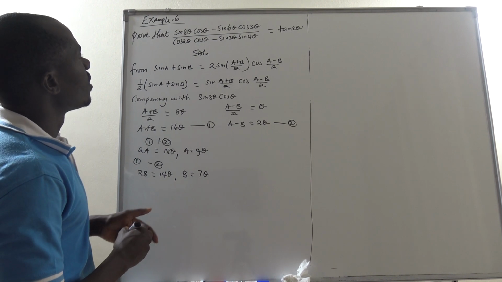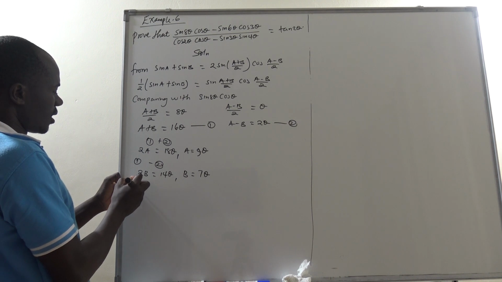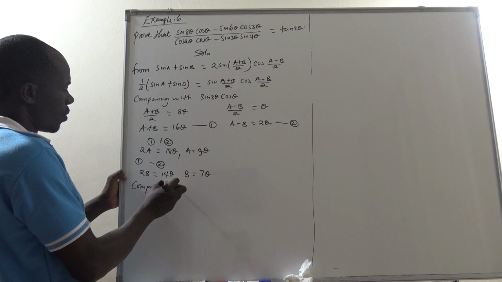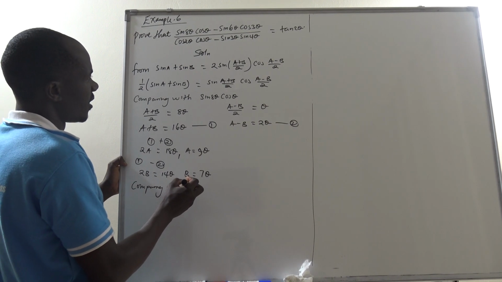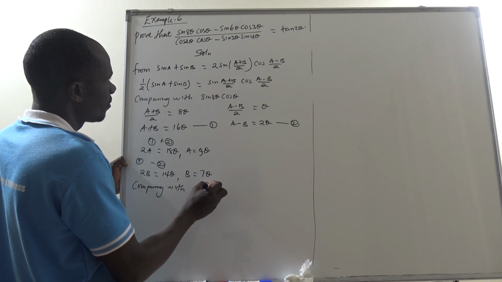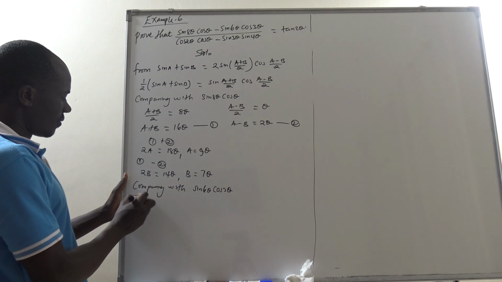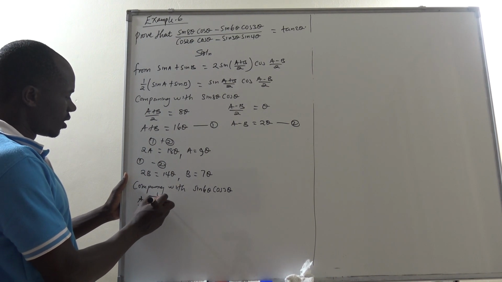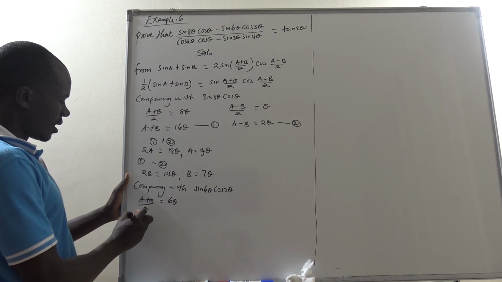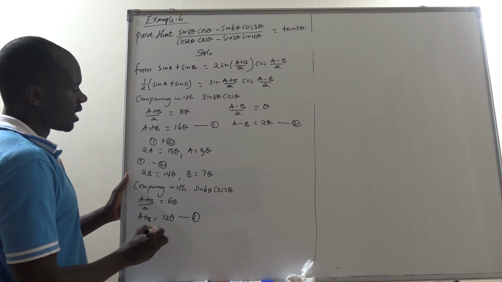We'll also go to another one. We are still comparing because it's sine minus sine. We also say comparing with sin 6θ cos 3θ. We're having (A+B)/2 = 6θ, which implies that A + B = 12θ. We say this is the third equation.